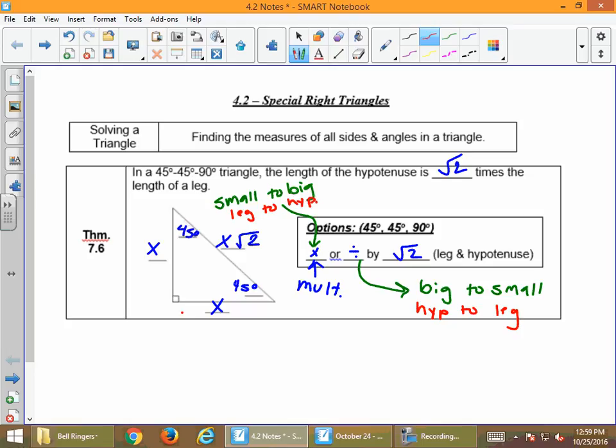So leg to hypotenuse, multiply by radical 2. Hypotenuse to leg, you're going to divide by radical 2. Every time, depending on what piece you're given and what piece you're trying to find. These two are easy because they're always the same. So this is 7. That's going to be 7. Those are always the same. Questions over there? It'll make a little more sense when you actually see a problem.